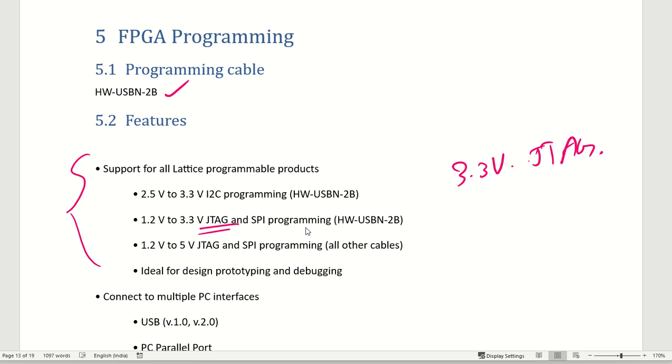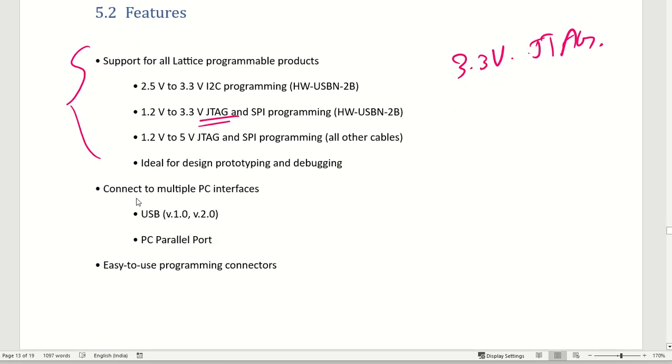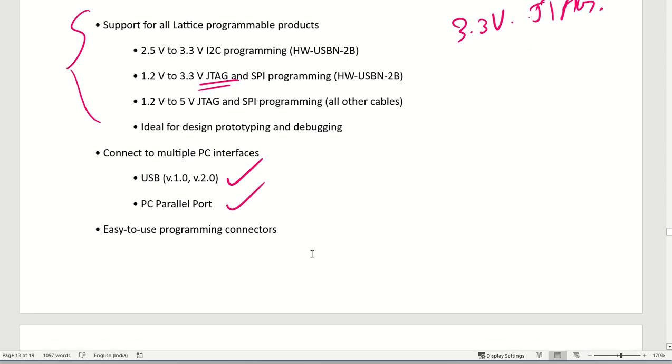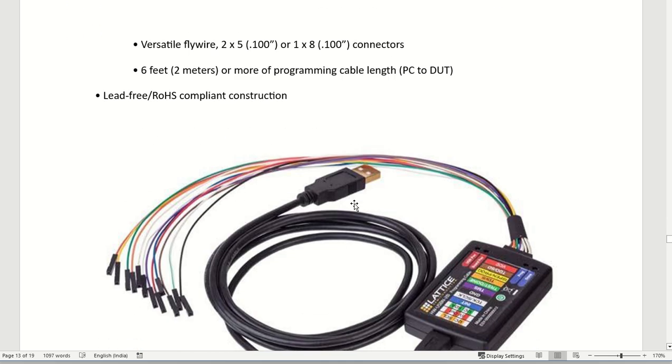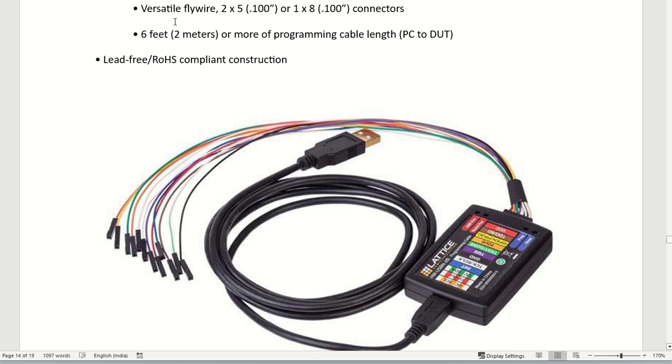Now if you see the PC interfaces, you can connect to multiple PC interfaces, as you can see: USB 1.0, 2.0, parallel ports, PC connections, then easy-to-use programming connectors. We'll talk about what programming is done. Now you can see we have versatile fly wire. Basically it has separate, discrete wires, and the wire length is around 2 meters.